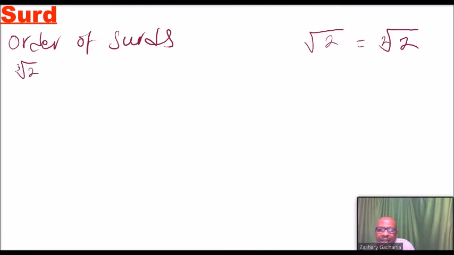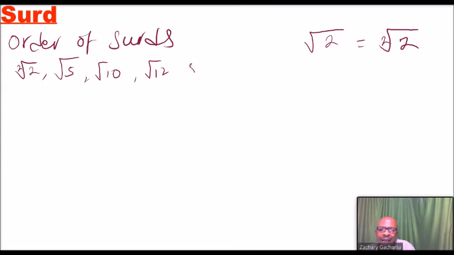Because it is the first one, we normally don't put that. So we say root 5, root 10, root 12.